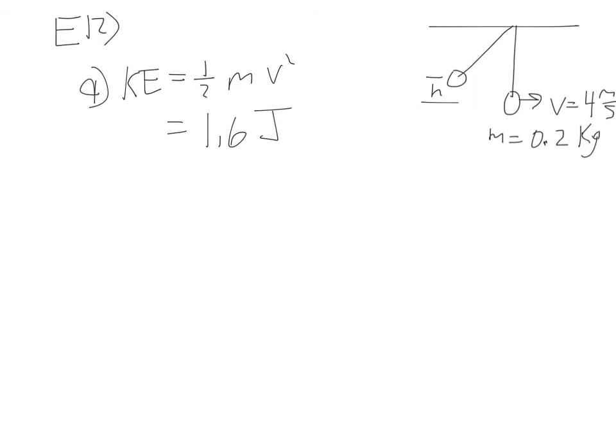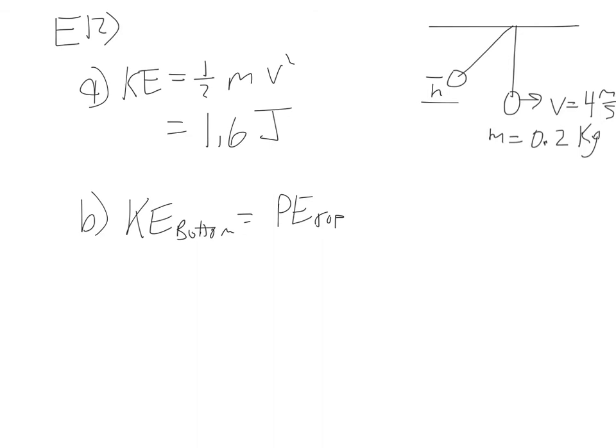Now, if we ignore any energy lost to the environment as heat, then the kinetic energy at the bottom is going to equal the potential energy, the gravitational potential energy at the top.